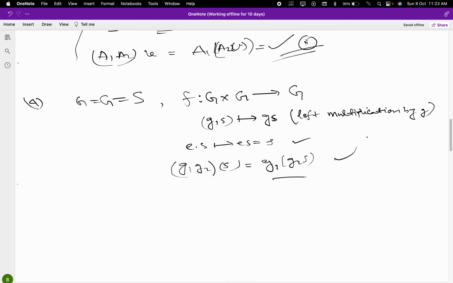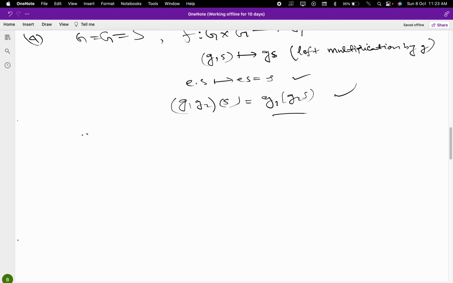So this group acting on itself, we say G acts on itself by left multiplication of G. This is called left multiplication.